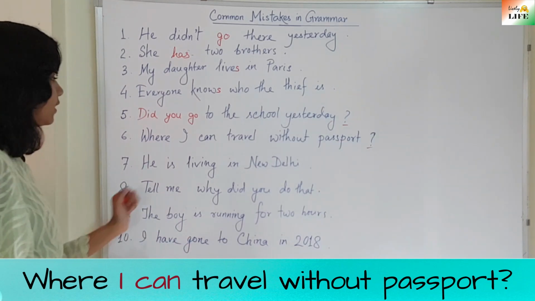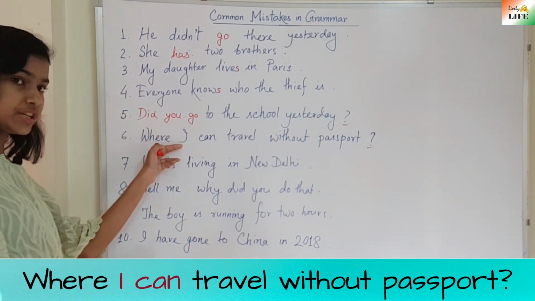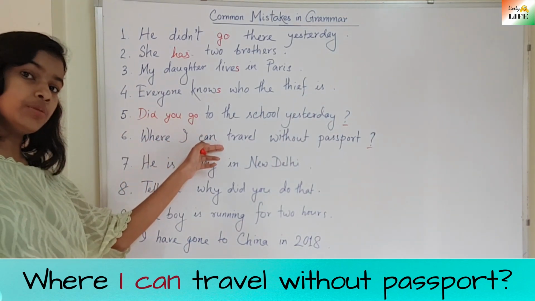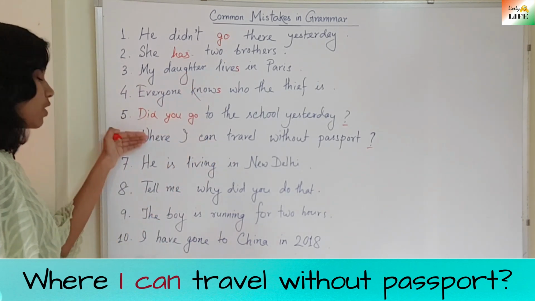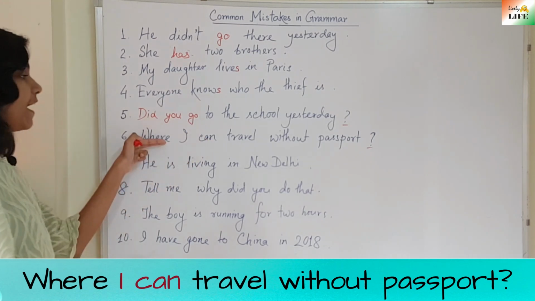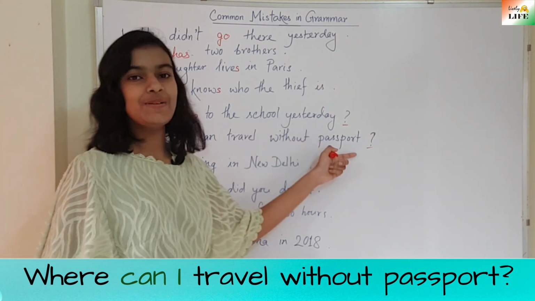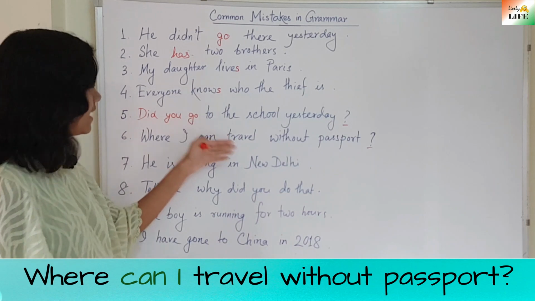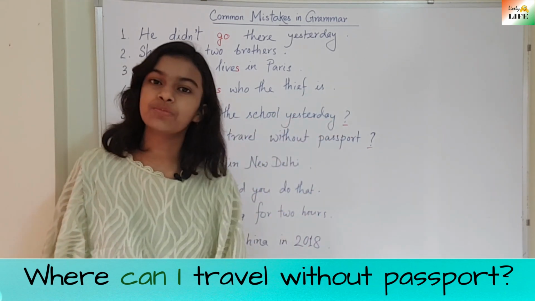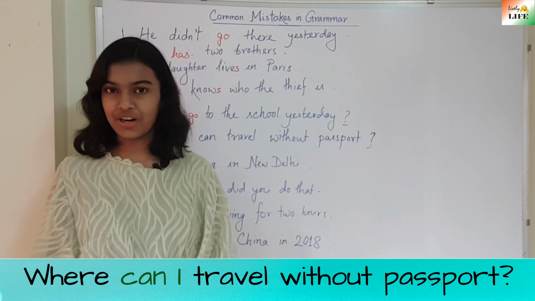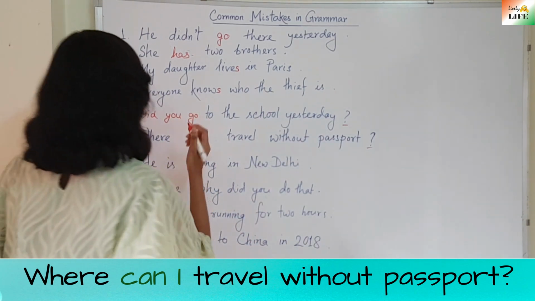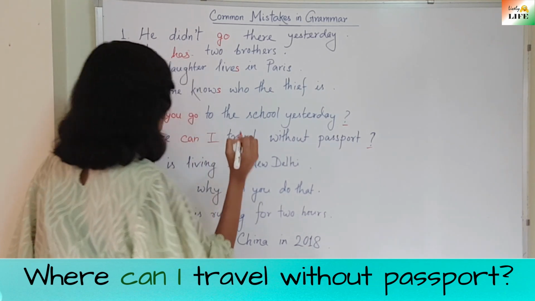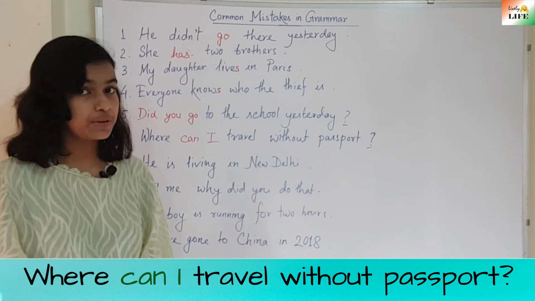But here we have used the subject first and then the helping verb. Is it correct? No. So the correct sentence here would be, where can I travel without passport? Where can I travel without passport? This is the correct structure of an interrogative sentence. Where can I travel without passport?